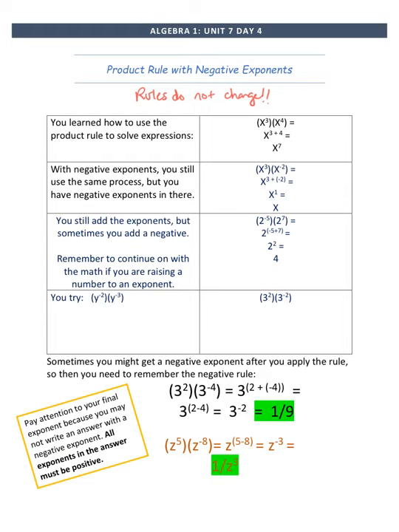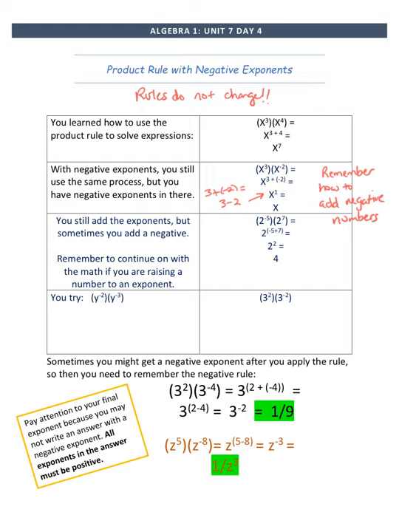So you have to remember how to add negative numbers. Okay? So 3 plus negative 2 is the same as 3 minus 2. And that's how we get 1.